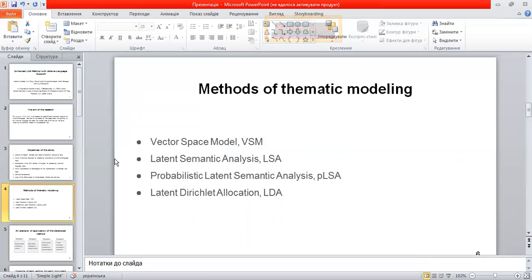In this model, the document is considered as an unordered set of terms, words, and additional elements that make up the text. Terms can be both words and their combinations, so-called n-grams.